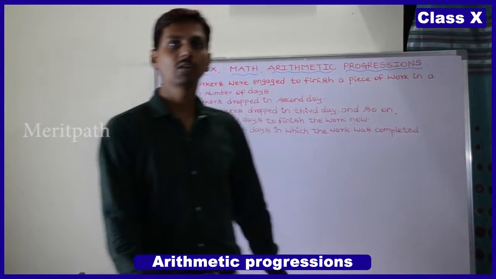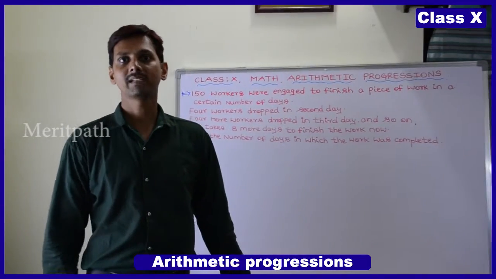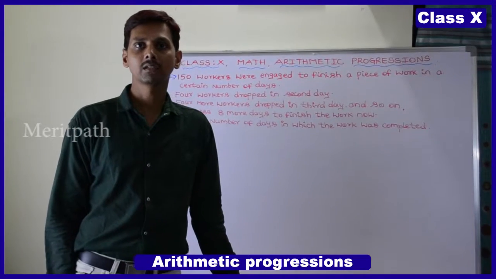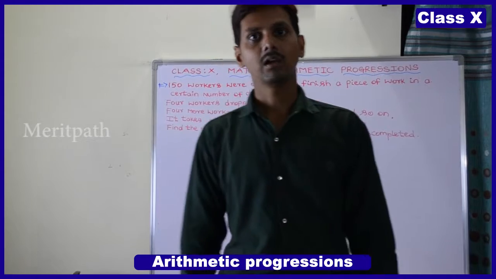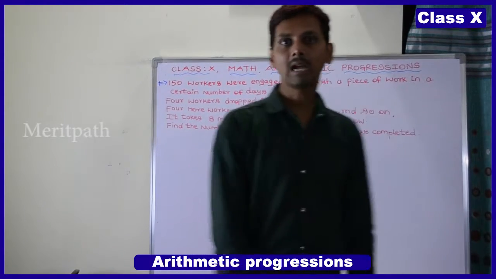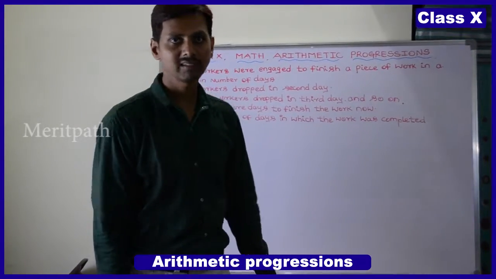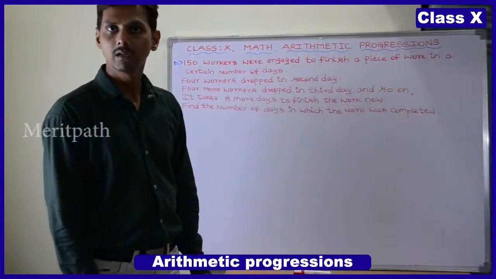So we need to find the number of days they have taken to complete their work if 8 days are remaining to complete that particular work. Let us recall the question again.